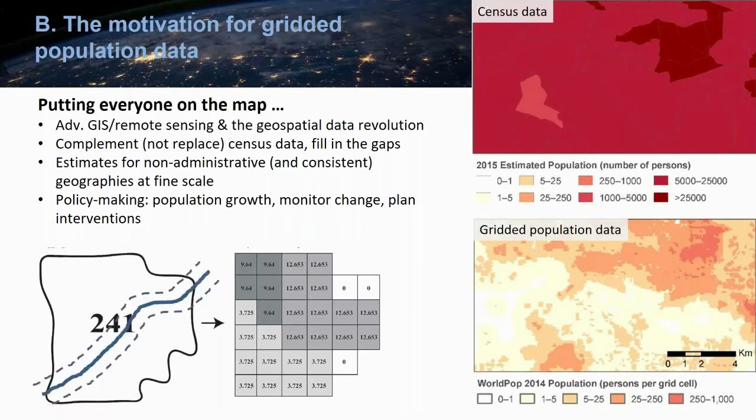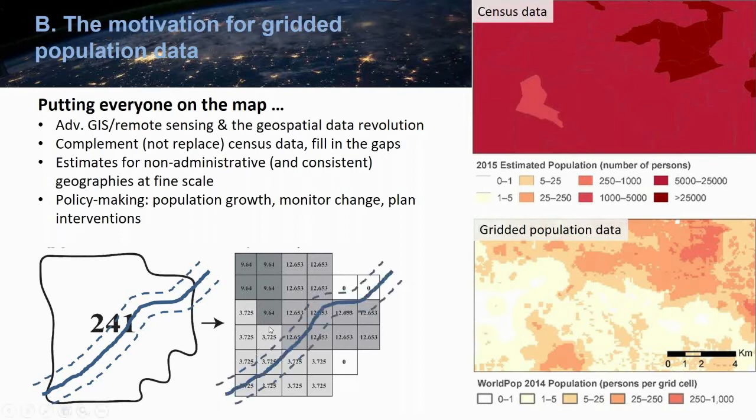One example is, you might be interested in understanding how many people are living in close proximity to a stream, to a road, to a different water body, to a hazard zone. By doing this with census data, very often you have an effect, as you can see here in this left side picture. The census unit itself does not allow you to break down how many people of these 241 are living close to a stream.